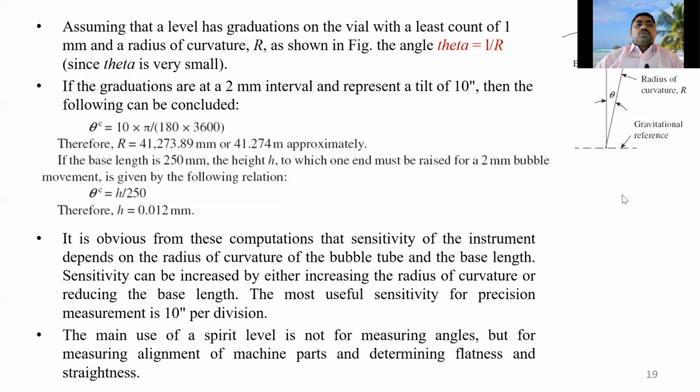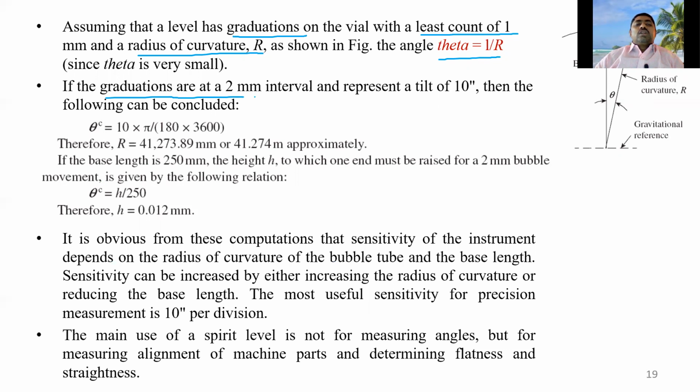Let us assume that the level has graduations on the vial with a least count of 1 mm and radius of curvature R as shown in the figure. The angle theta we can calculate as l by R. Let 1 mm be the distance moved by the bubble. Therefore the sector length l is equal to R into theta, here 1 is equal to R into theta, so theta is equal to 1 by R.